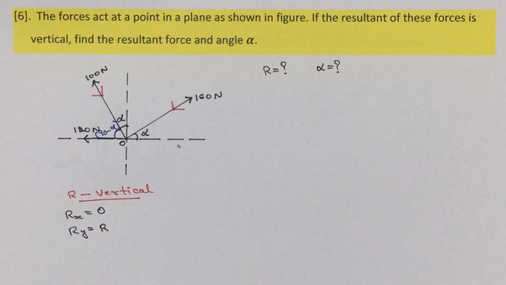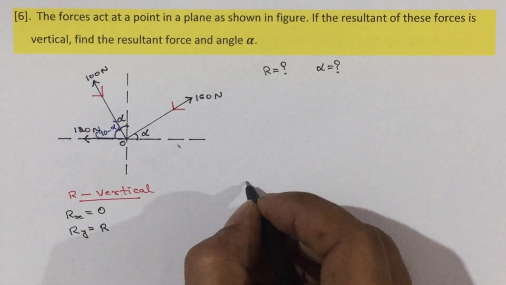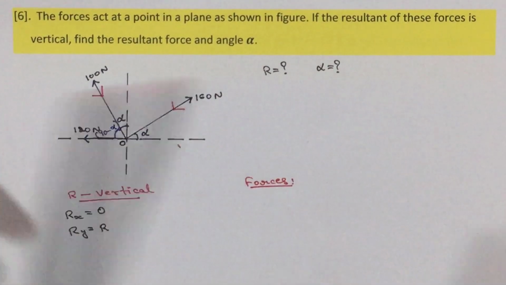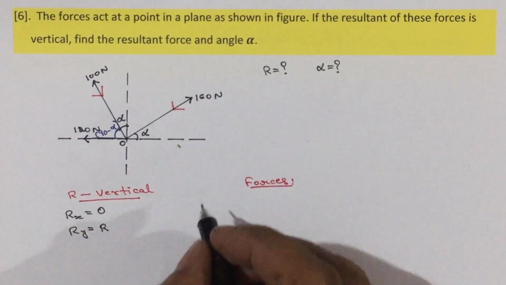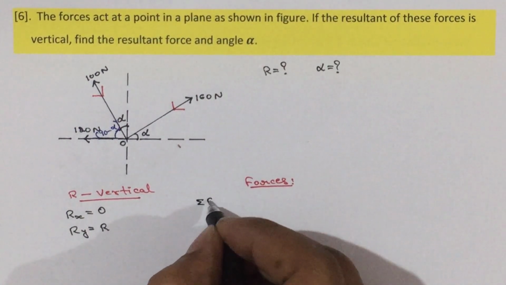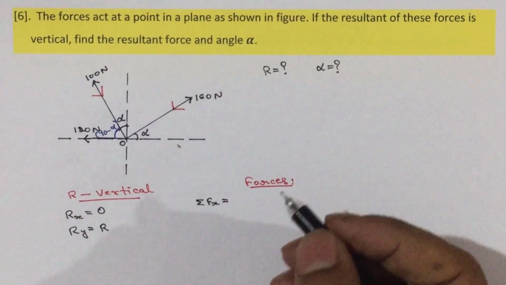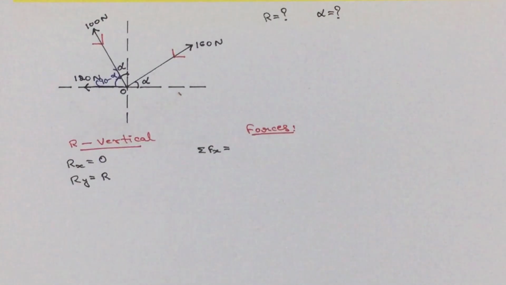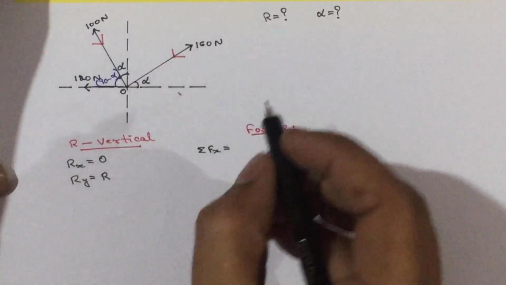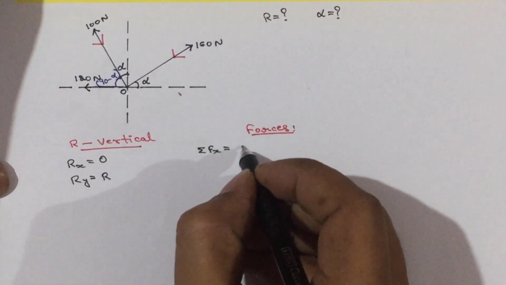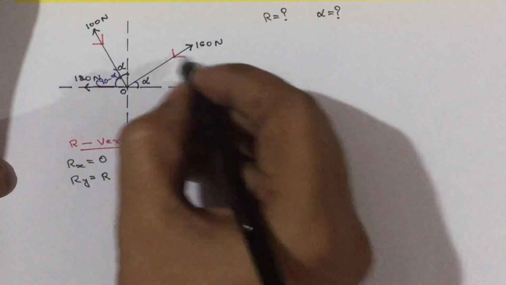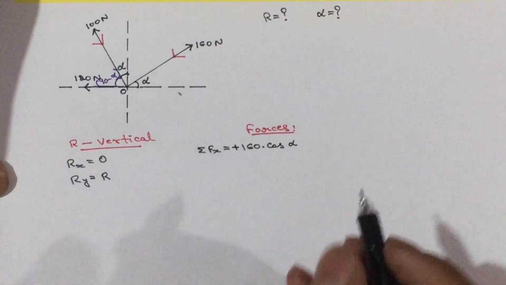Now let us calculate for the forces. First, let us calculate sigma Fx. Sigma Fx is nothing but the horizontal forces and horizontal components only. Here the horizontal component is F cos theta, that is 160 into cos of alpha, moving rightwards, so positive.